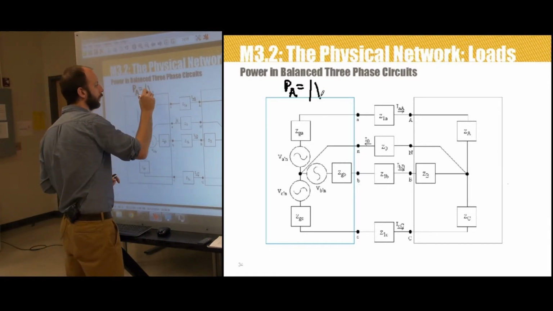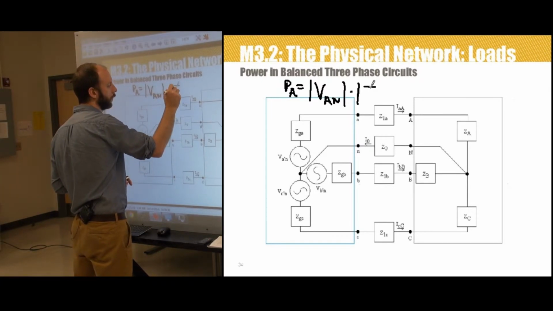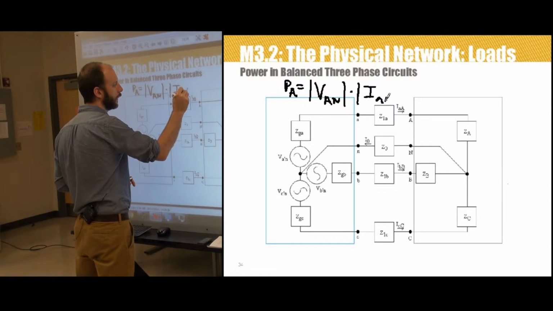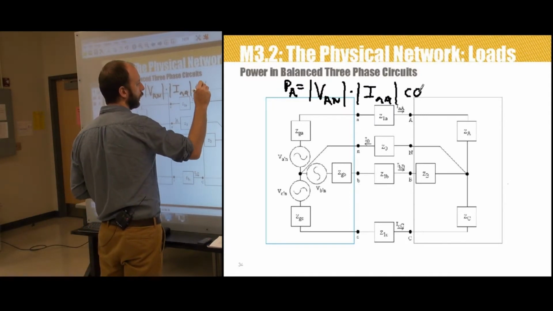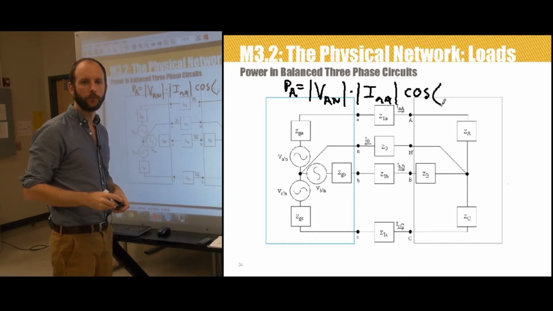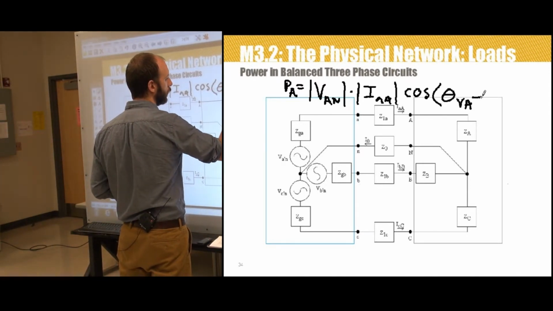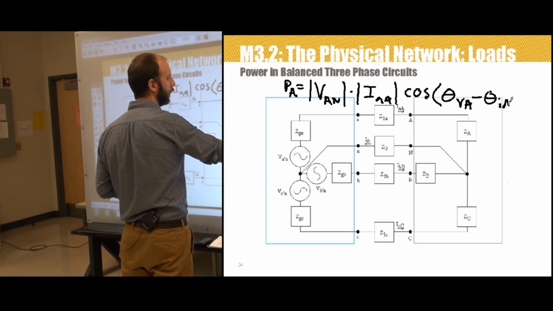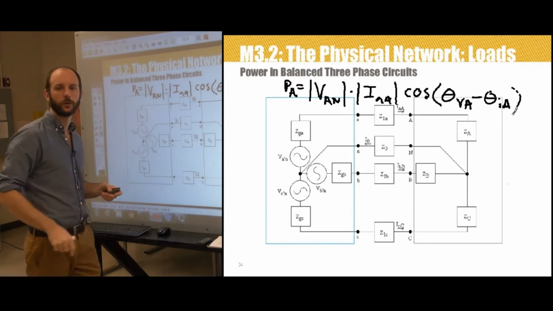It's the magnitude of the voltage VAN, right? We multiply that by the magnitude of the current, which is IAA, and then we take the phase angle difference between those two, and we do the cosine of that, theta VA minus theta IA. And just remember that we're just talking about the cosine of the angle between those two, right?